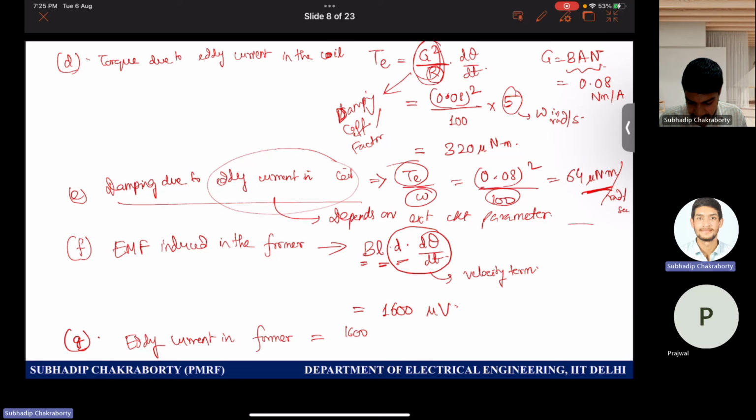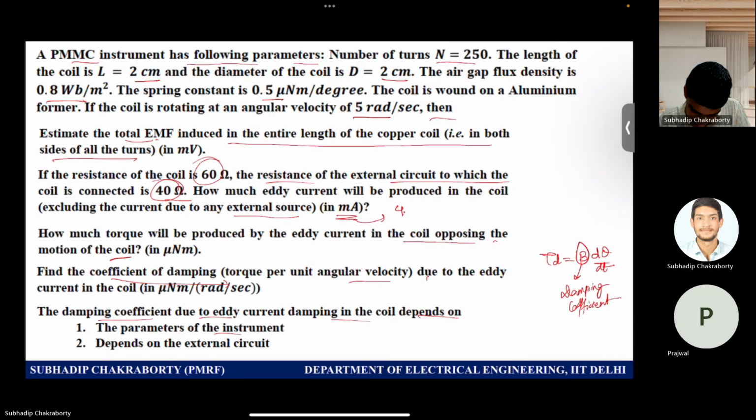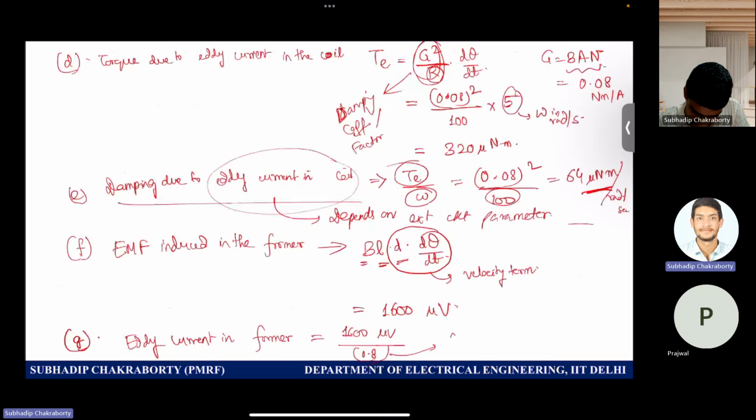So the EMF is given to be 1600 microvolt divided by the resistance of the former, 0.8. If you see the problem, the resistance of the former is already given to be 0.8. So what is it coming to? It is coming as 2 milliampere.